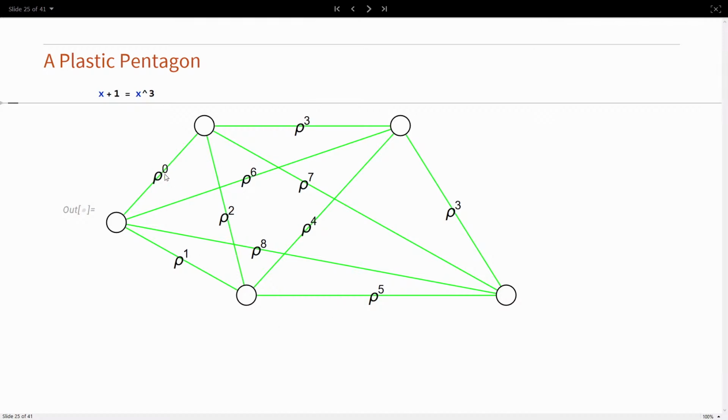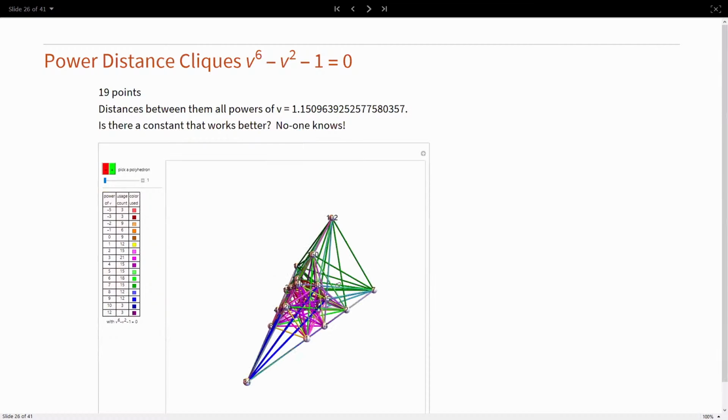One of them is that you can put 5 points so that you hit the powers 0, 1, 2, 3, 4. You only have 1 repeat with the thirds here. So this is a strange pentagon where all the distances and diagonals work nicely with the plastic constant.